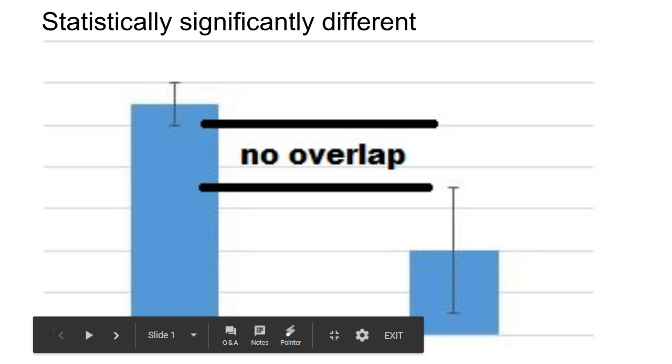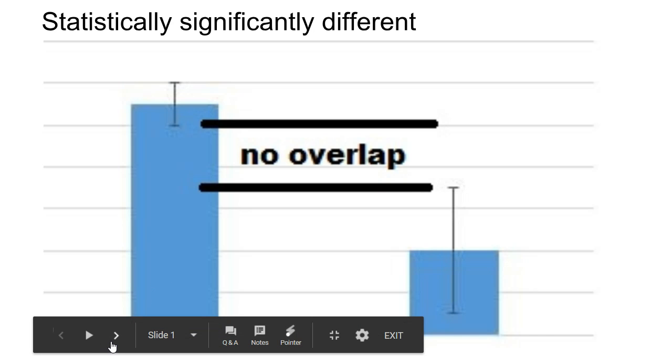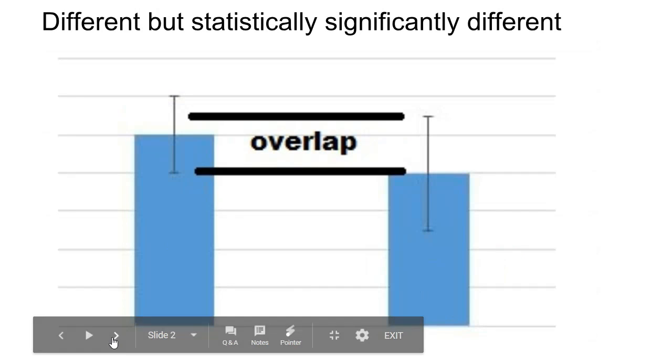Those are just analogies. That's not actually the standard deviation of those bars, right? Those are just analogies, but they help us keep in mind what statistically different and not statistically different really mean.